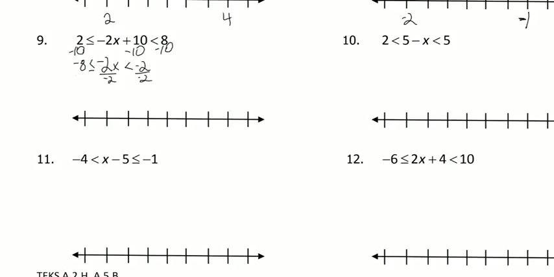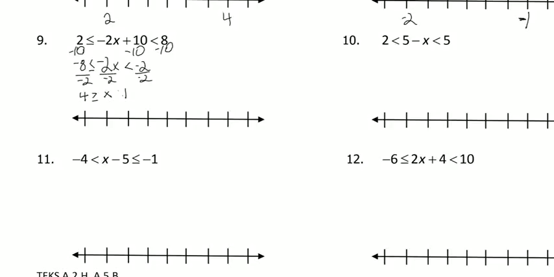And it's going to be 4 less than or equal to x less than 1. Now, if you remember correctly, when we divide by a negative, we absolutely must change our sign. So now we have greater than or equal to and greater than.